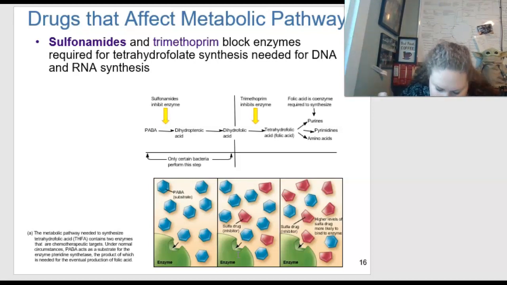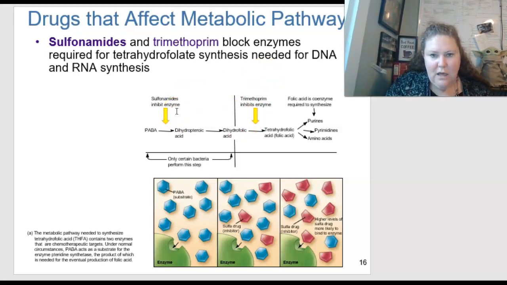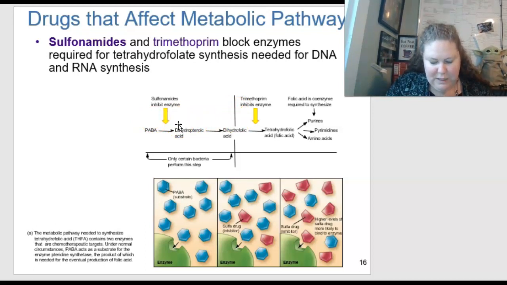Up here in A, the metabolic pathway needed to synthesize tetrahydrofolic acid, or THFA, is going to contain 2 enzymes that are chemotherapeutic targets. Under normal conditions, PABA acts as a substrate for the enzyme, and the product of this is needed for the eventual production of folic acid.